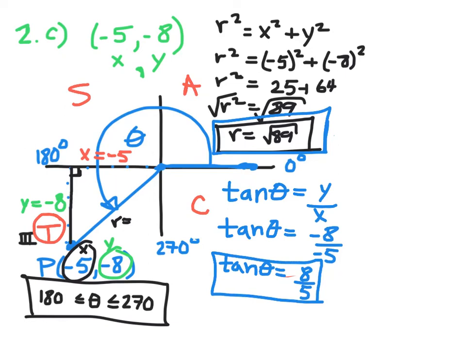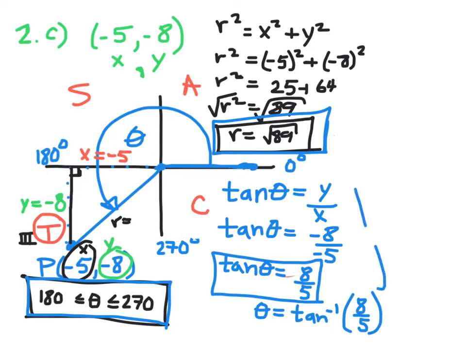Now, if we want to figure out what theta is actually equal to, that's not an issue. We're going to bring tan to the other side, and we're going to do the tan inverse. Now, understand that this is probably not going to give you the correct answer right away. Remember, the answer we're looking for is in between 180 and 270. And if I continue this over here, I'm going to get that theta is equal to, and it wants it rounded to the nearest degree, I get 58 degrees.